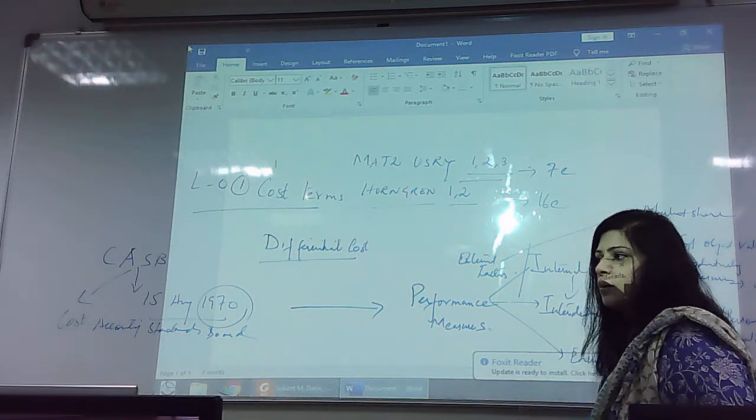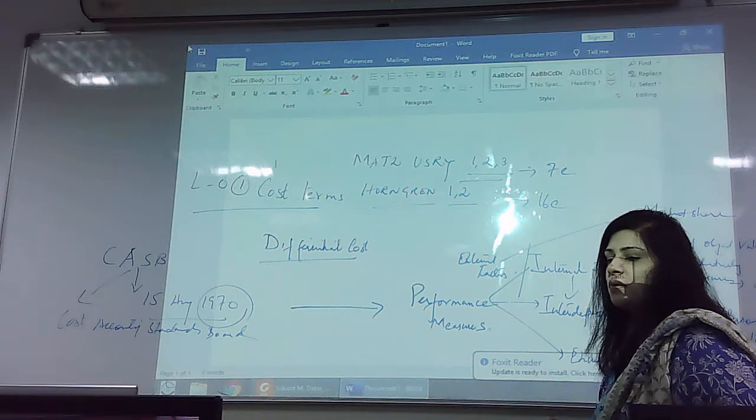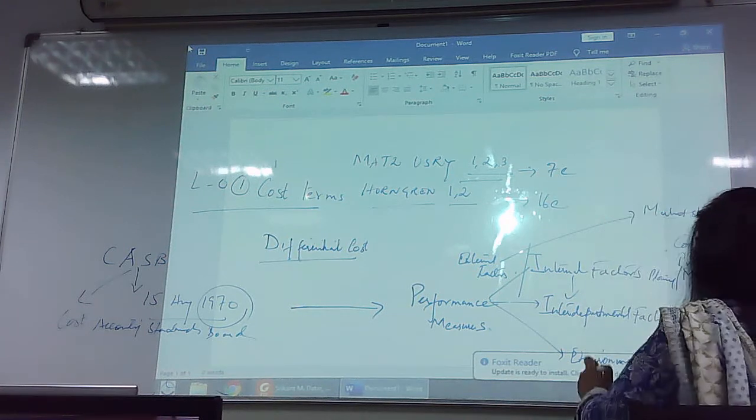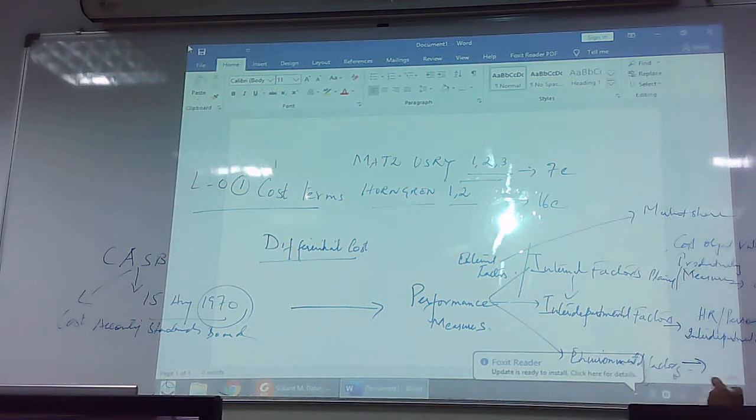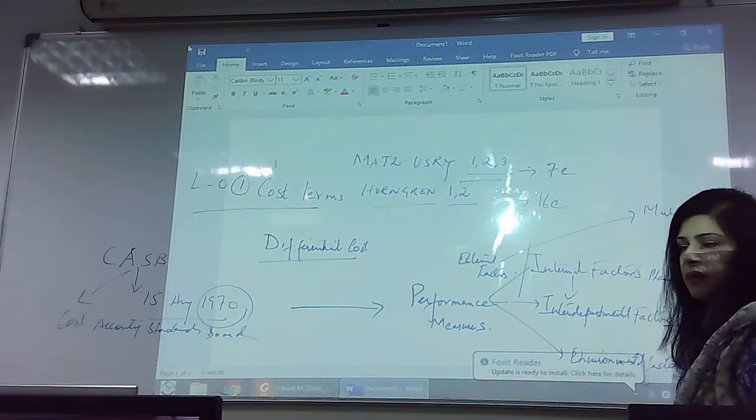You also need to know how much your product is valued. That becomes important for environmental factors because dealer opinion is very important. Environmental diversity is important. How much substitutes are tolerated in the public, okay?